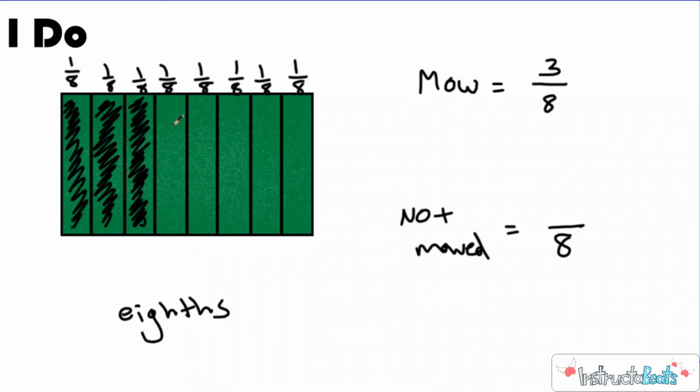And I would have 1, 2, 3, 4, 5 pieces that I did not mow. So I would need 5 unit fractions to help me build this fraction right here. So the fraction that I just built was 5/8. I mowed 3 out of 8 pieces, and I did not mow 5 out of 8, right? So mowed 3/8, did not mow 5/8.